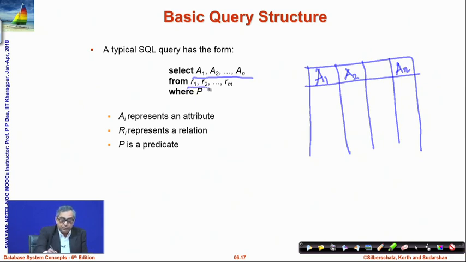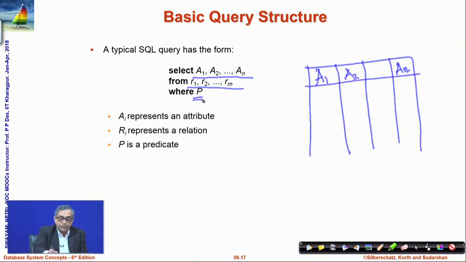The next keyword in this is from, which specifies a set of existing relations. So, R1, R2, Rm represent different relations, and these are the relations which will be used to actually extract the information.